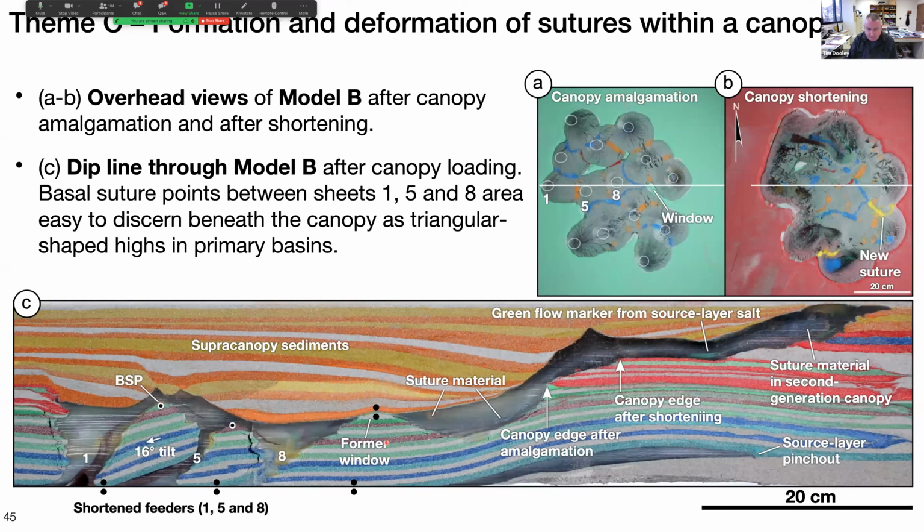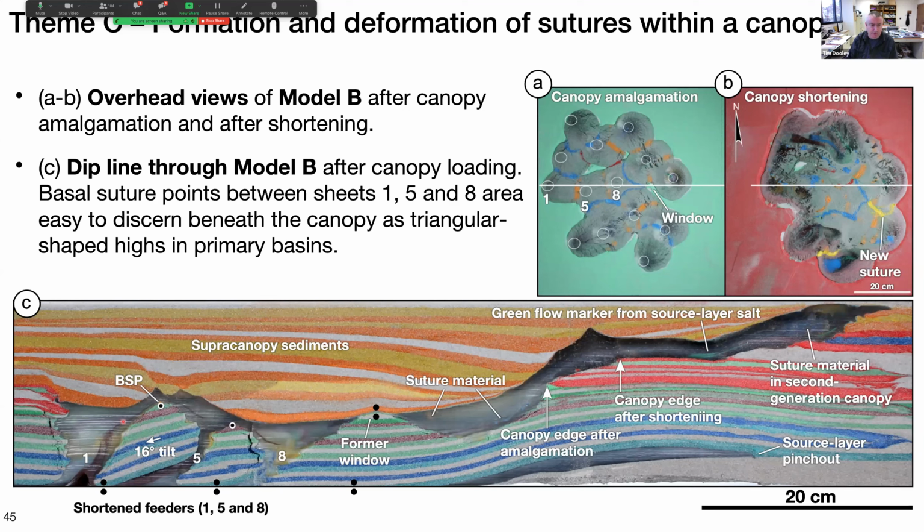Well, you can just see some fragments in here of sutures within here, but almost all of it is up in here, so right at the edge of the canopy system.